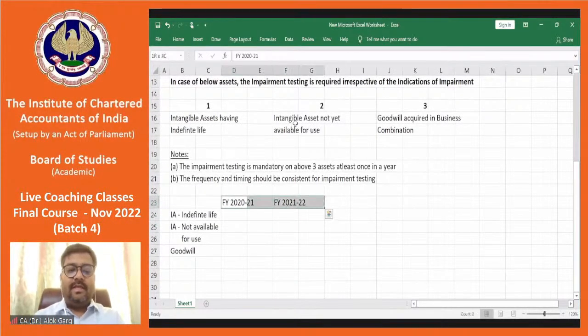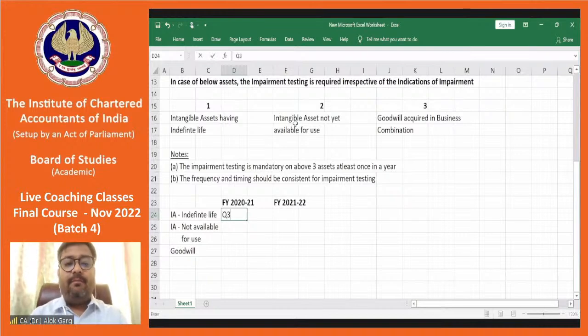So in this case, in FY 2021, intangible asset having indefinite life. For example, in this year, the impairment testing has been done in Q3, in third quarter. So in the next year, on this asset, this impairment testing should be done in Q3 only.